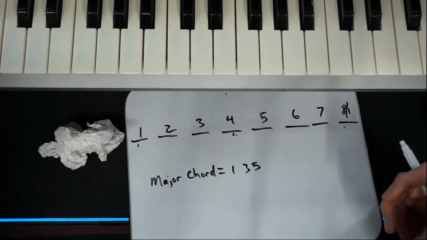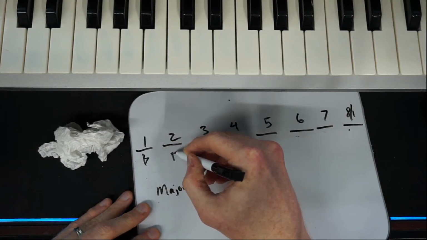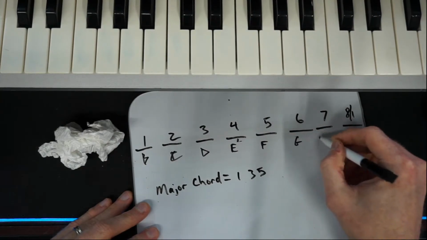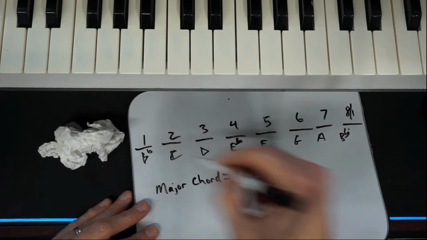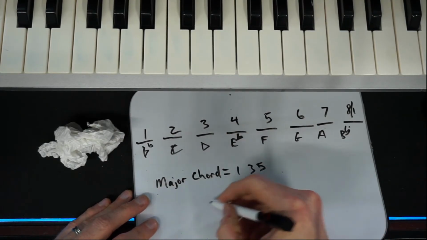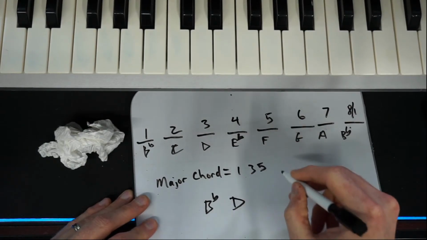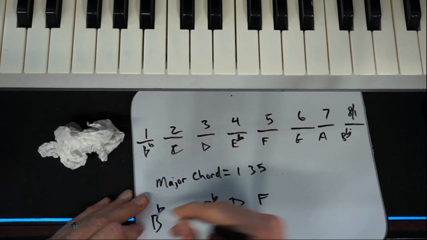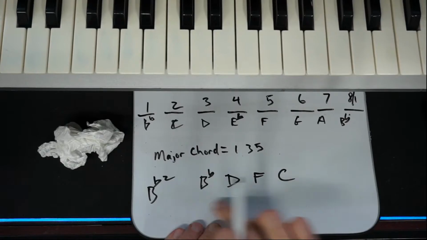So I just said that, let me write this out again. B C D E F G A B flat. Again, if I was playing a second chord, we've got B flat as our 1, our 3 is D, and our 5 is F, and then if we had a B flat second chord, our 2 would be C. It doesn't matter what order this is in.